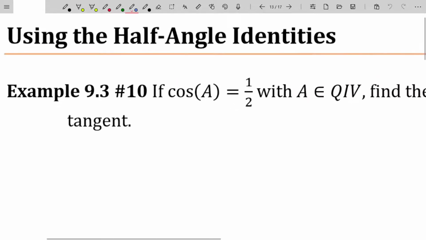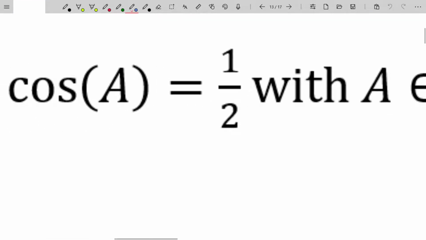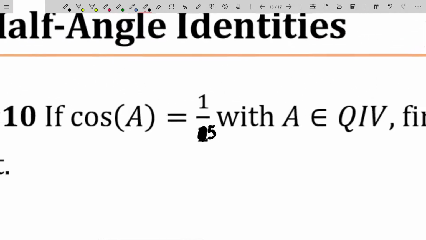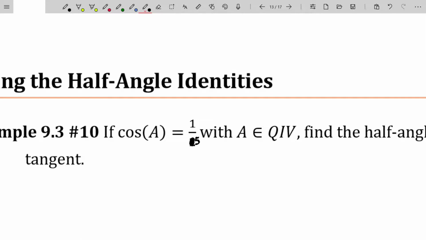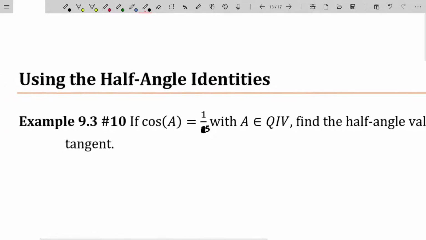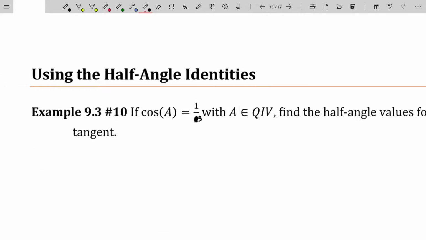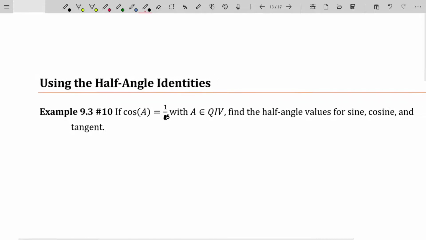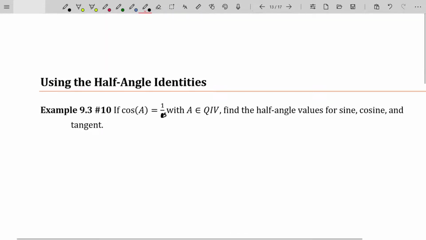Let's suppose that instead of 1/2, because I dislike that, let's call this ratio 1/5. Because if it's 1/2, you could tell me very quickly what the cosine of what angle that is. But if it's 1/5, you can't. So that's nicer. So let's do 1/5. Find the half angle values for the sine, the cosine, and the tangent.